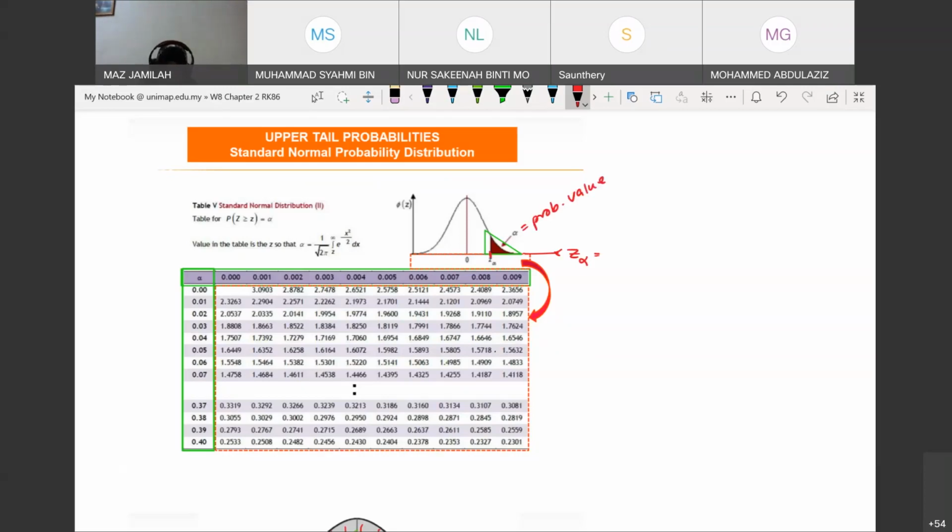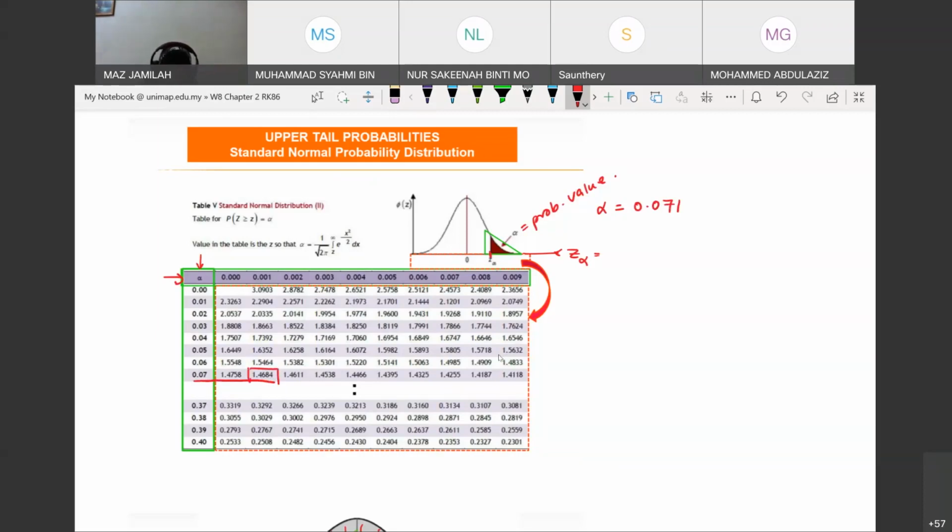That's why your alpha is in the first column and the first row. Let's say I'm talking about alpha equal to 0.071.